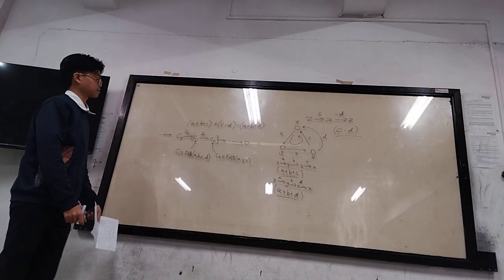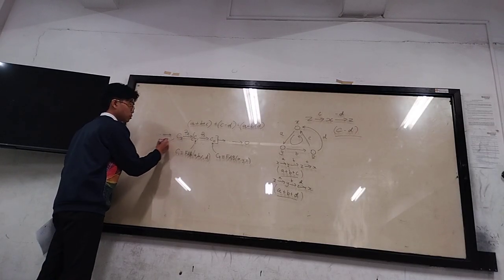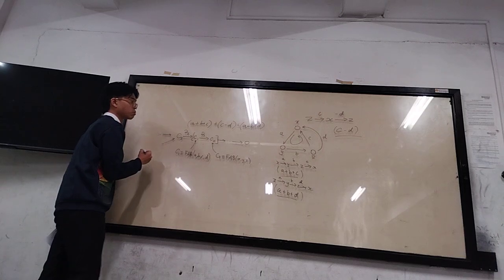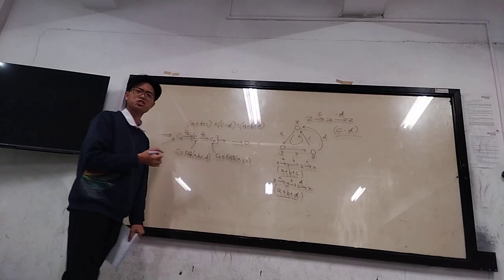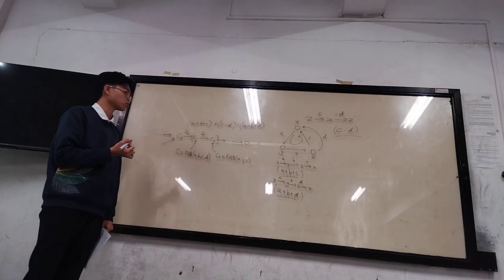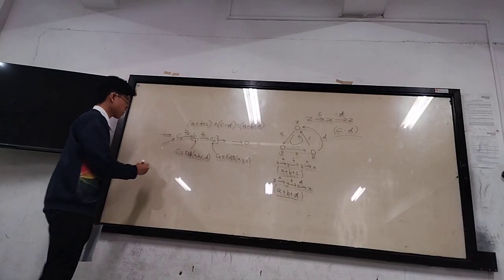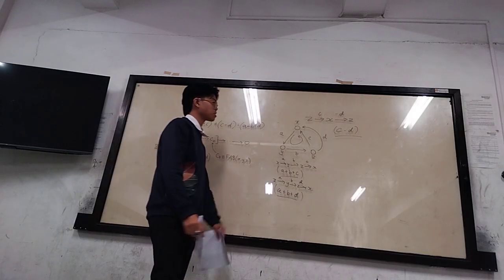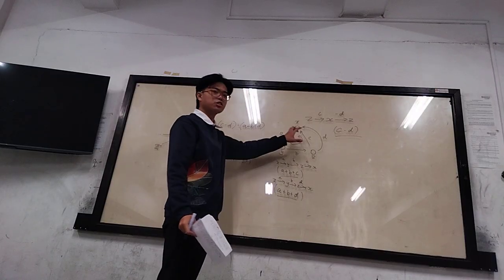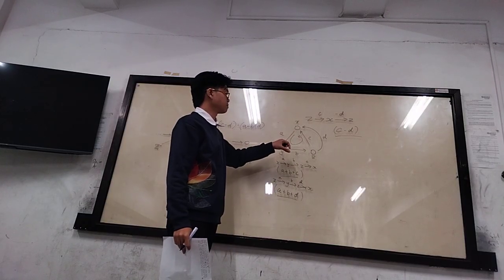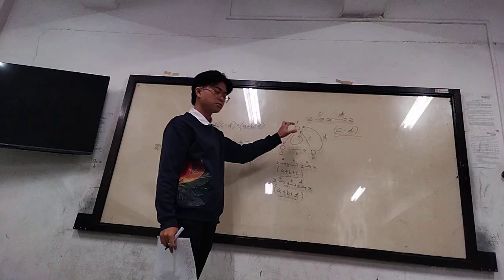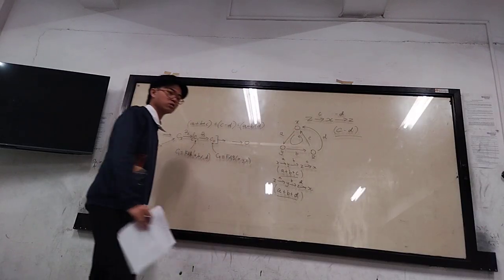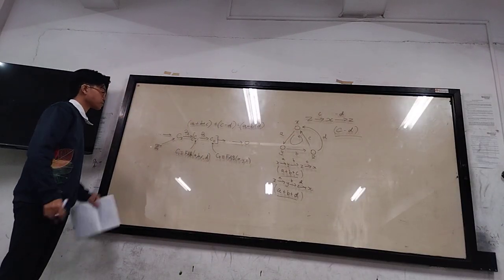Now my C2 would simply be the free abelian group on really nothing. It's the trivial group, because we didn't explicitly say that there is a two-dimensional simplex attached to this graph. That's my C2.